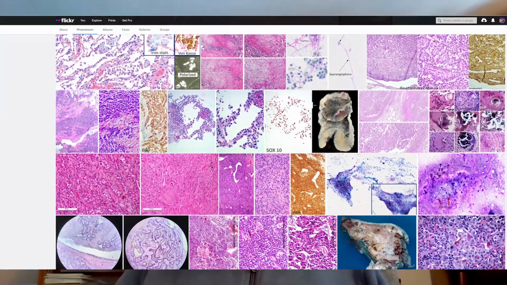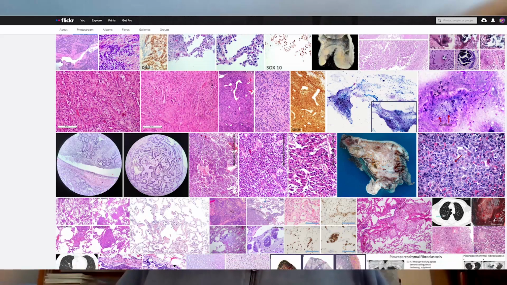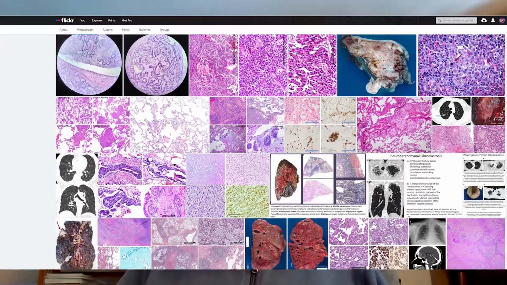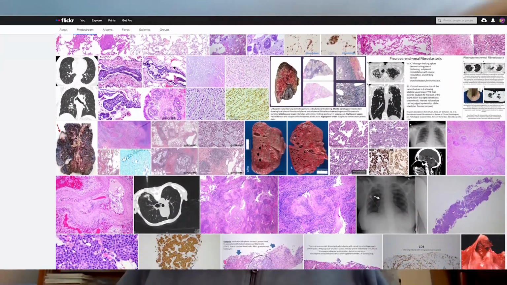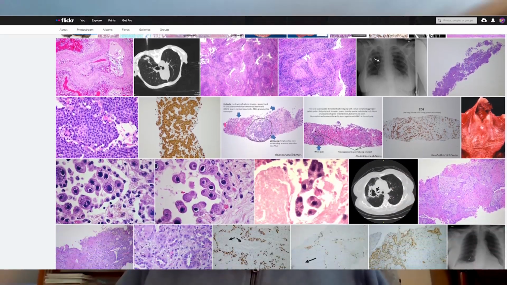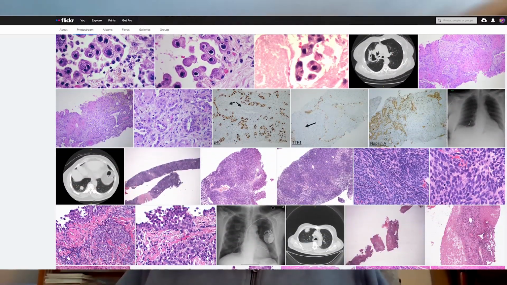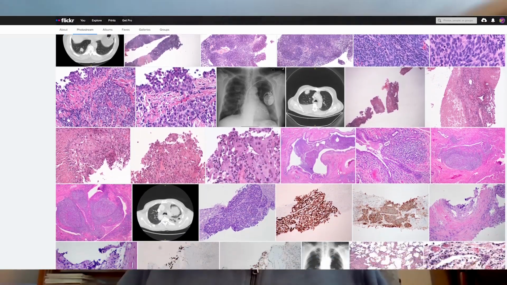My professional interest has been particularly in pulmonary pathology, and I have some expertise in that area. So over the years, I've been collecting and posting images related to pulmonary pathology, and I can say that my Atlas of Pulmonary Pathology located on Flickr is arguably the largest collection of pulmonary pathology images that exists.